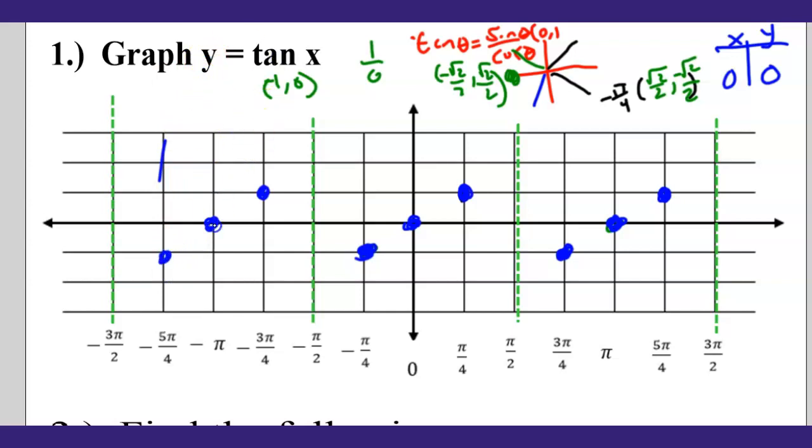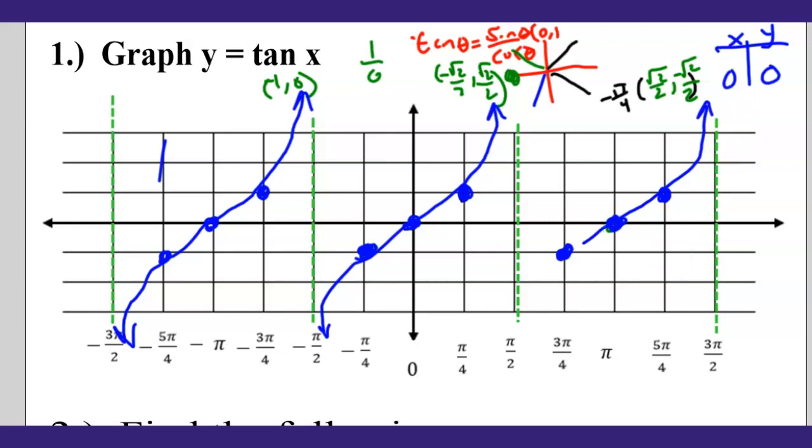Alright, so when you graph this, it approaches infinity like that, but it never crosses those x values. And again, right here, it never crosses those asymptotes.